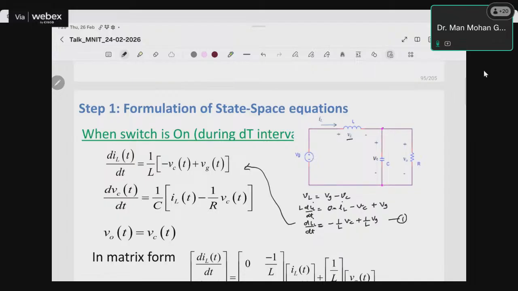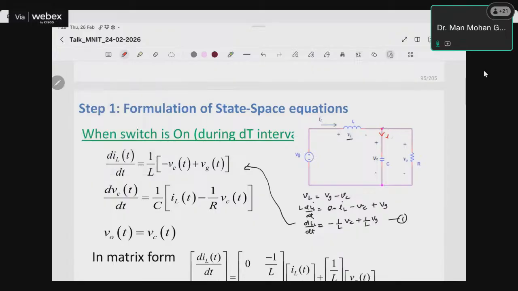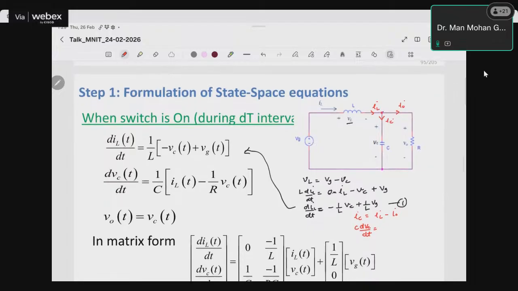Now the second equation, for the capacitor current IC. IC is nothing but IL minus I naught, and IC is C dVc by dt. Here I am writing everything in terms of Vc, not V naught, because I want to formulate the state space model where I take the state X to be IL and Vc.